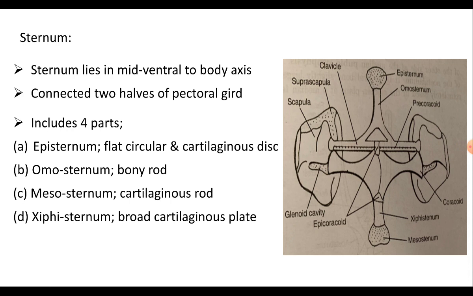When you observe the picture, the anteriormost flat circular cartilaginous disc is called the Episternum, and below it lies a bony rod-like structure called the Omosternum, which is connected with the clavicles.